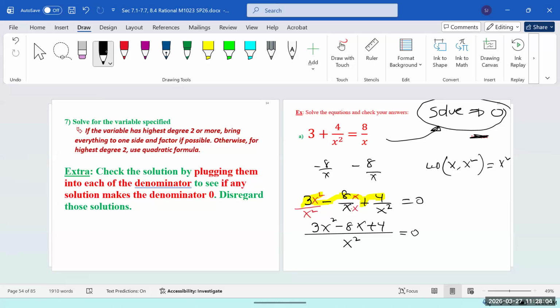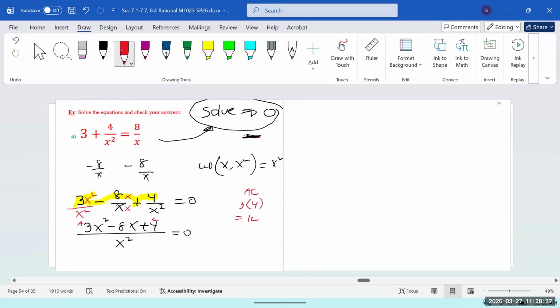And now we must see, is the numerator factorable? So which factoring method do we have to use to check? Great, AC. We have an A, we have a C. So AC is 3 times 4. That gives us 12.